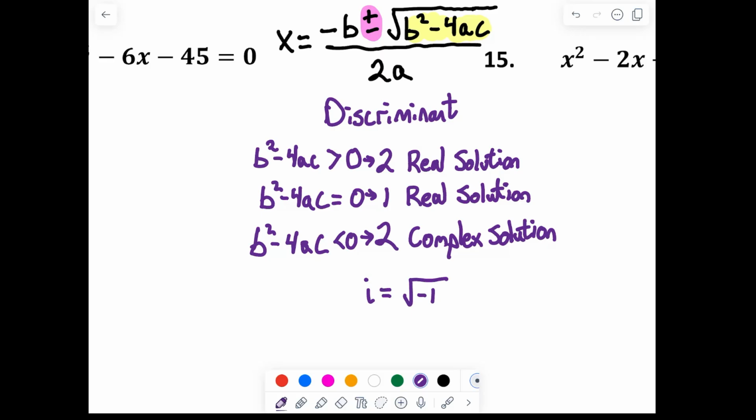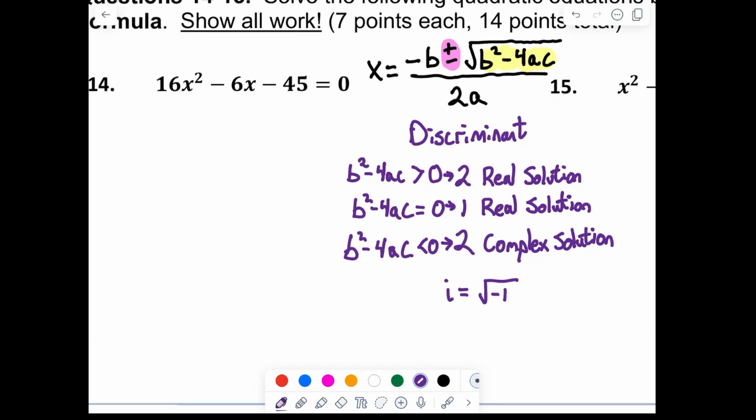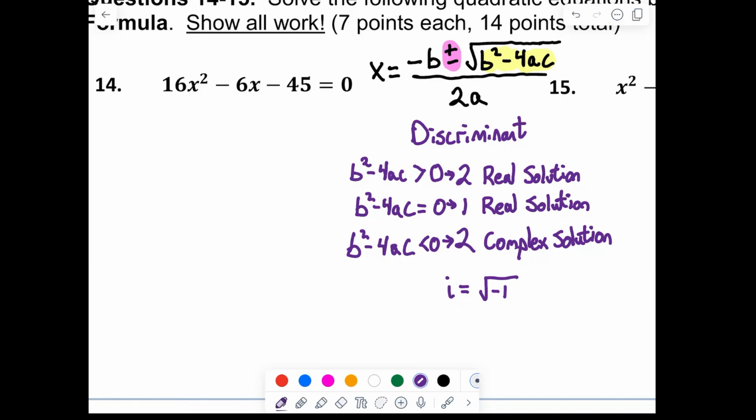then we're going to have two complex solutions, because a negative under a square root, you plug that into the calculator, and it's going to give you an error, right? That is where our complex solutions come from. A negative under a square root, and we defined i by equaling the square root of -1.